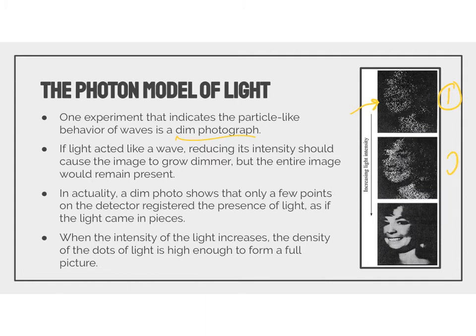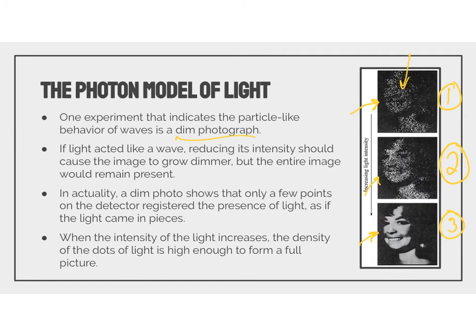As we increase the amount of light, going into photo two, we can see not just that it's getting brighter, but that the image is becoming fuller. By the time we get to number three, we have a full image, and that is full exposure. When there's less light, the density of the dots is lower.